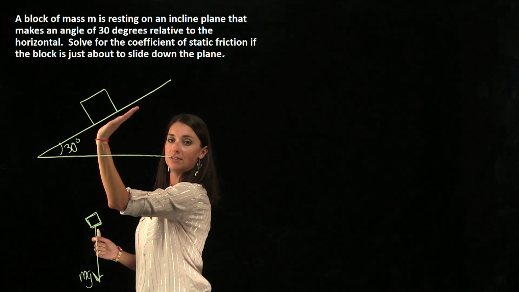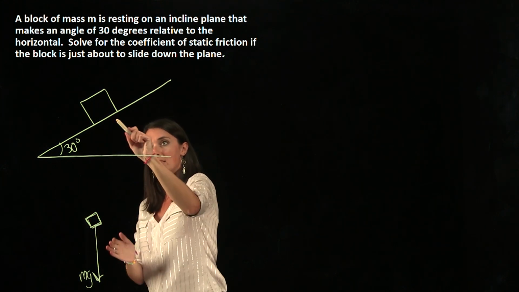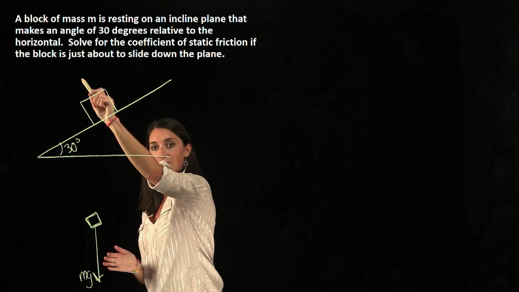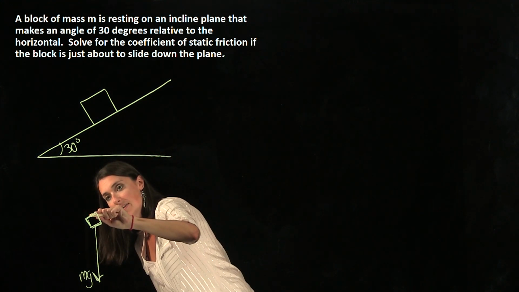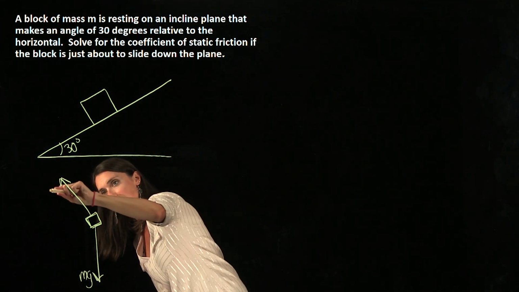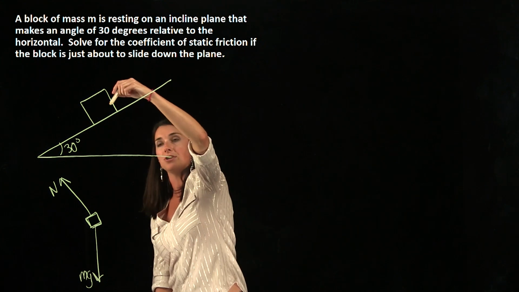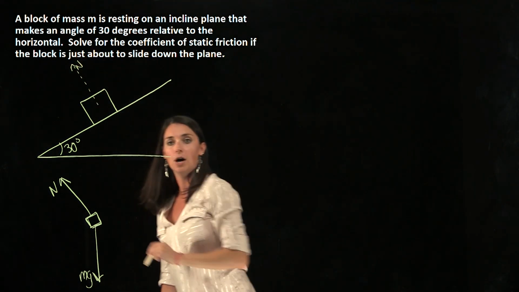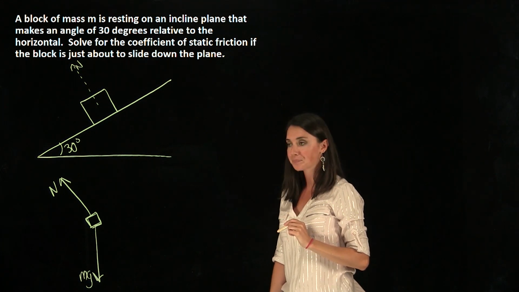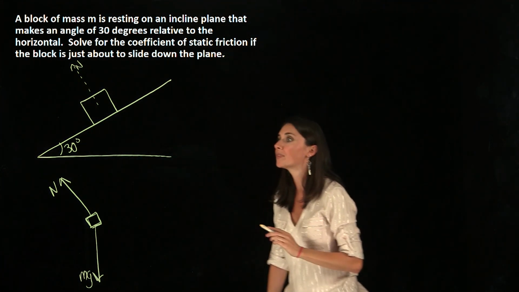So if our surface is facing that way, then our normal line is going to go right outside of that surface, perpendicularly. So I'm going to draw that up in that direction. It's kind of at an angle. Okay, so we've got our normal.